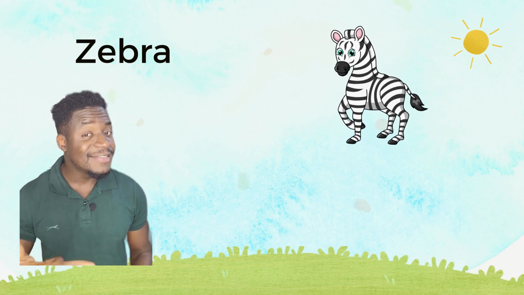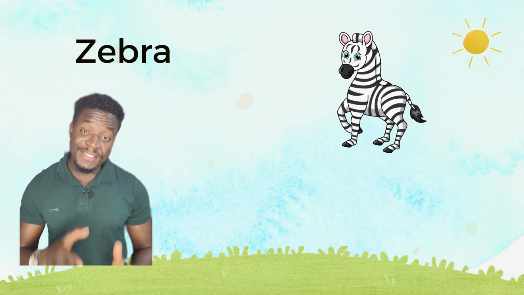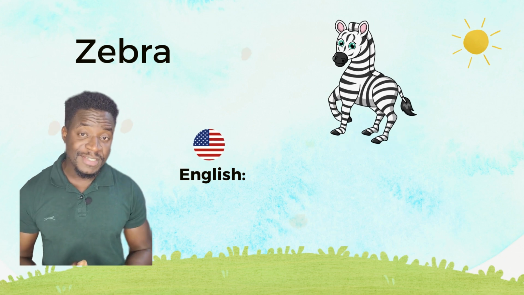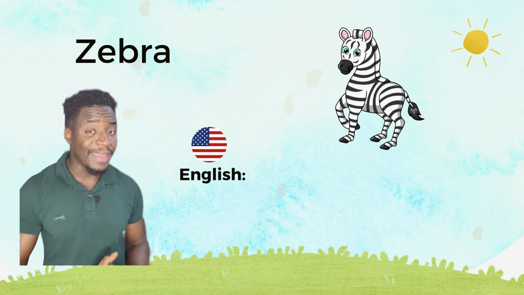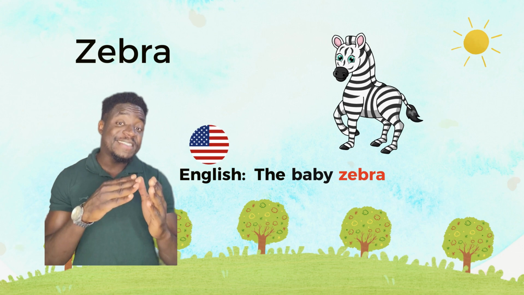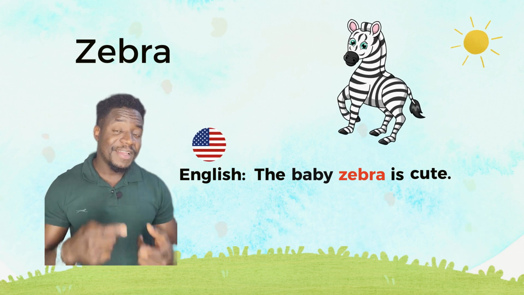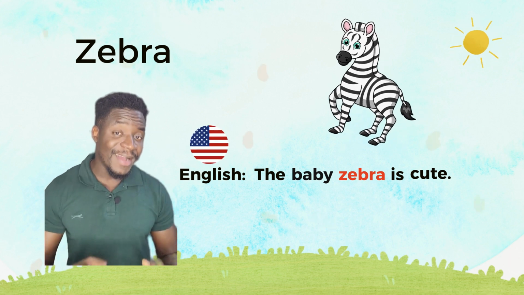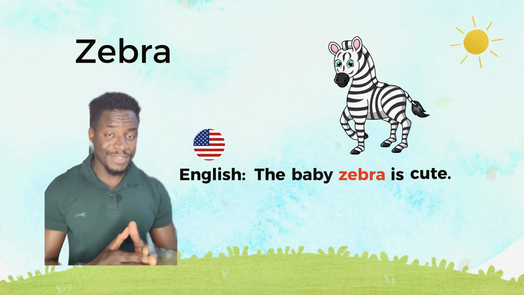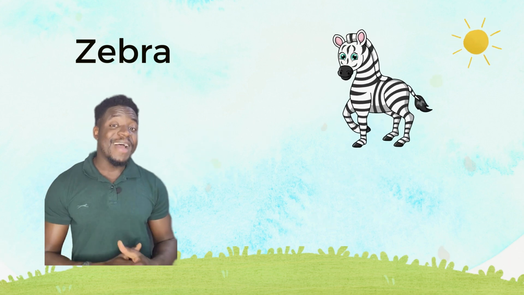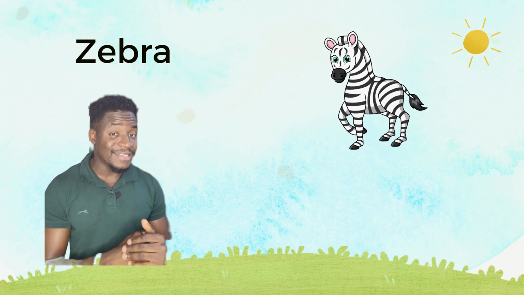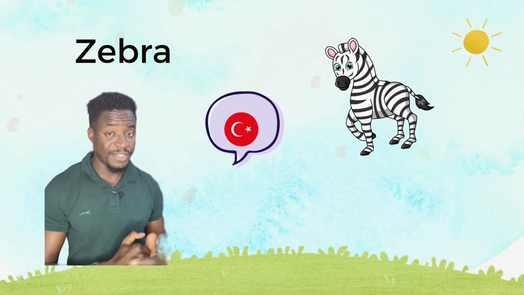Let's make some example sentences using the word zebra. You ready for that? Let's go. So in the English language, an example could be, the baby zebra is cute. The baby zebra is cute. Okay? How do we make that sentence in Turkish?